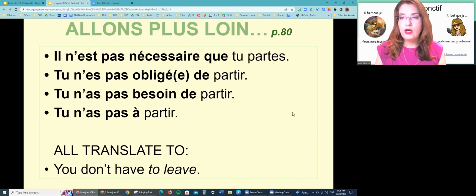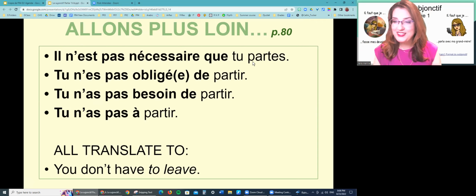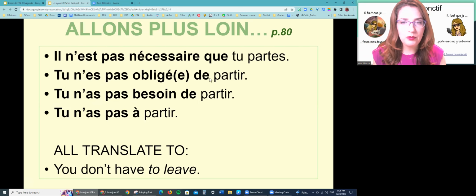Allons plus loin. Let's go a little further. Here are some expressions that use the subjunctive and they all translate to you don't have to leave. Il n'est pas nécessaire que tu partes. Tu n'es pas obligé de partir.